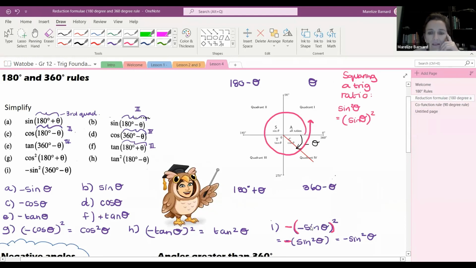Because when we reduce it, because it's in the fourth quadrant, it's negative, we square it. But because it has a negative in front of it, that's why it ends up negative. So we can't say it's always going to be like that. It depends on what the question asks. But if you're squaring a negative ratio like we did here with the negative sine theta, then it becomes positive. Squaring a trig ratio makes it positive.